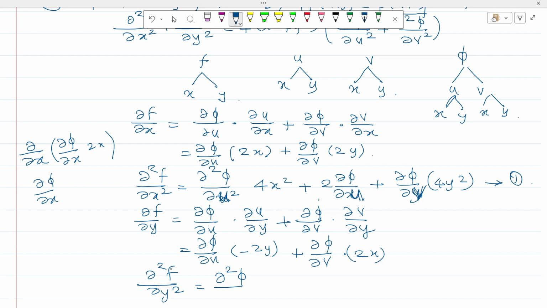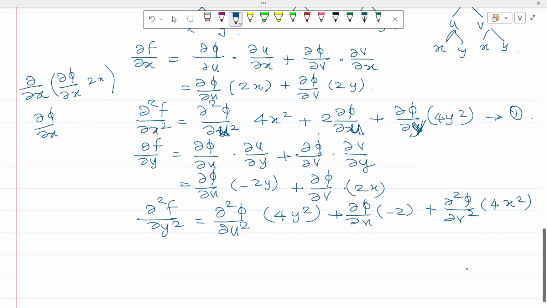Similarly here ∂²π/∂u² into 4y² plus ∂π/∂u into minus 2 plus ∂²π/∂v² into 4x². So it is equation number 2.